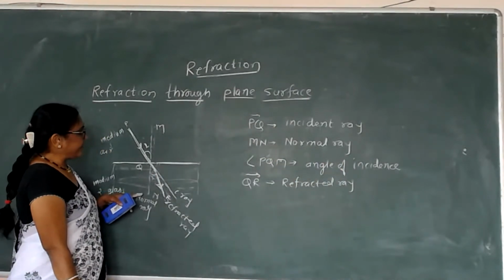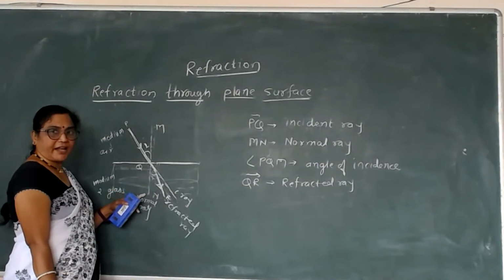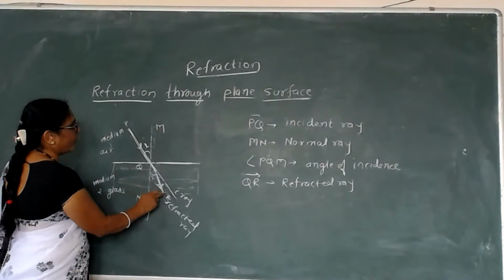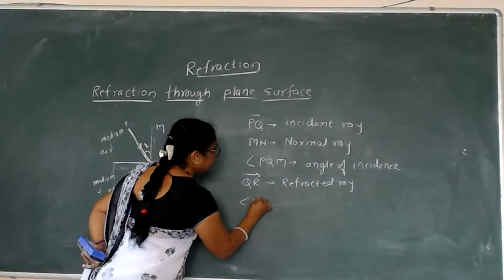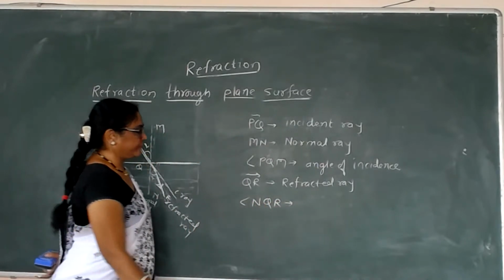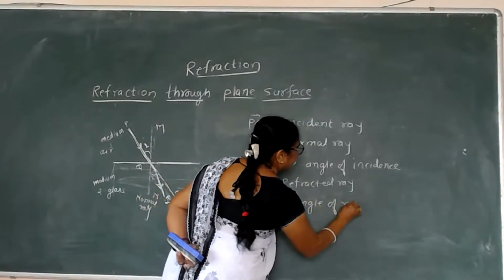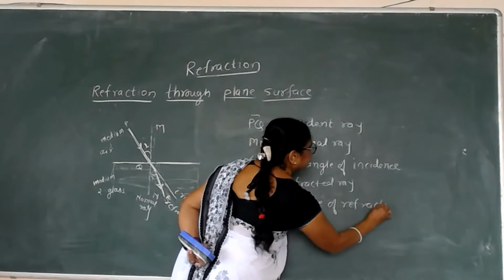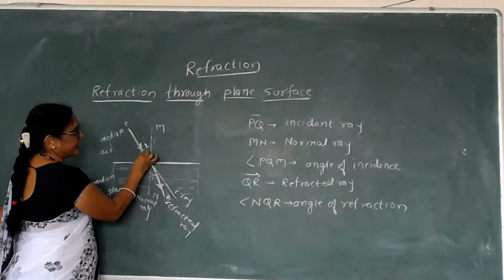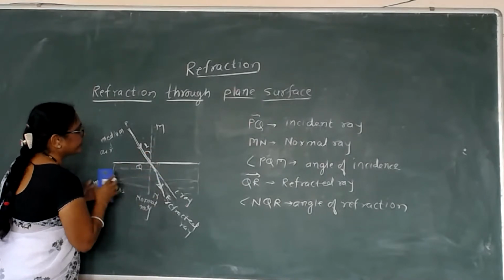The angle between the refracted ray and the normal ray, that is angle NQR, is known as the angle of refraction. So this angle is the angle of incidence, and this angle is the angle of refraction.